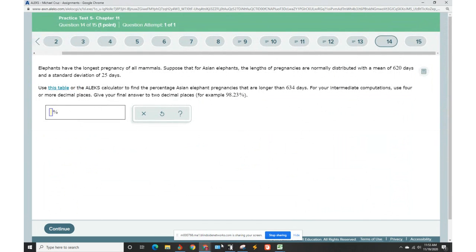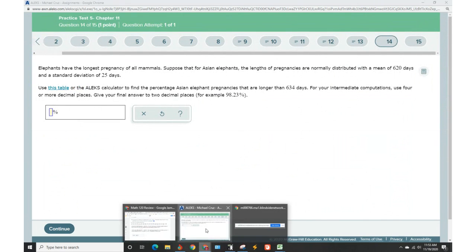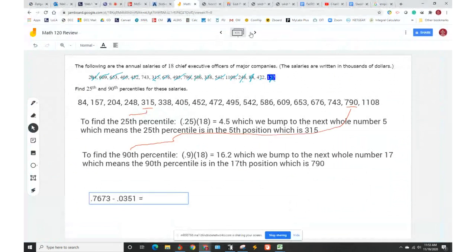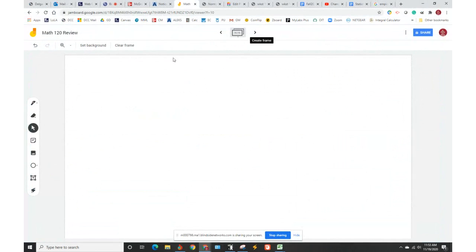So I'm going to write the formula over there to remind you. So here's the z-score formula. In the numerator, it's the difference between the value you're calculating for and the mean.